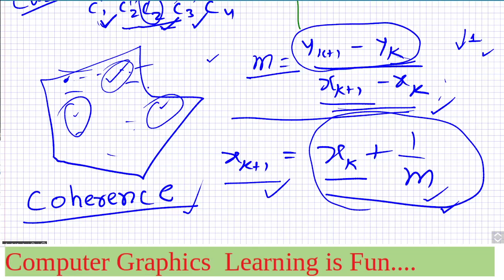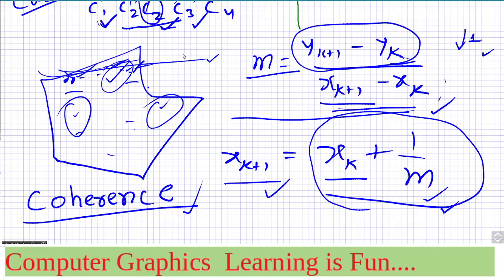So for each pixel you need not check this thing, right? So how are we using the coherence property here? We are crossing a line that it is intersecting here and here. So in between whatever the pixels are there, you need not check them, you just plot them all, right? So in this way we are using coherence property.